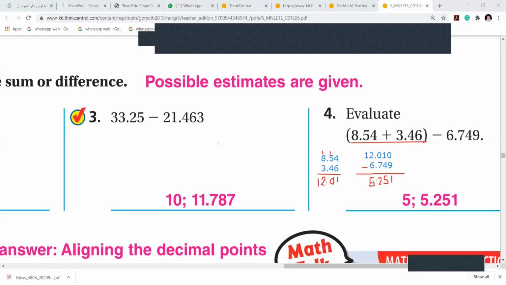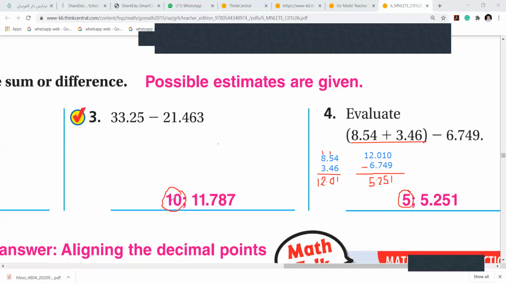Okay. Question number 4. Did you understand? Yeah, Miss. But I didn't understand how that 5.251. This is the estimate, girls. This 10 here is the estimate, okay?